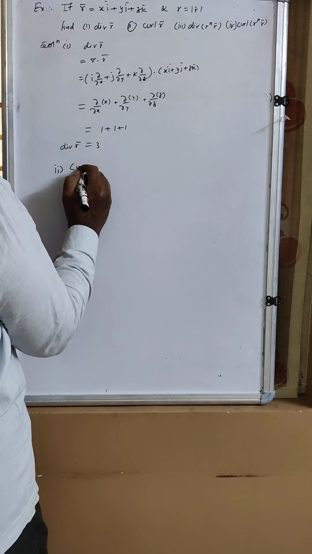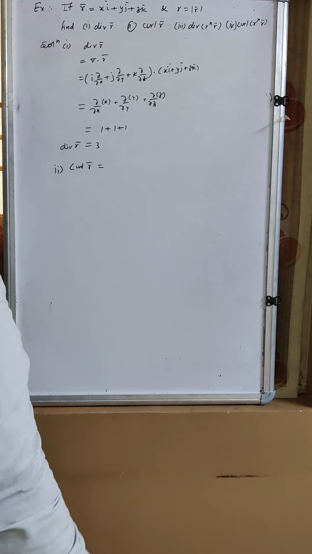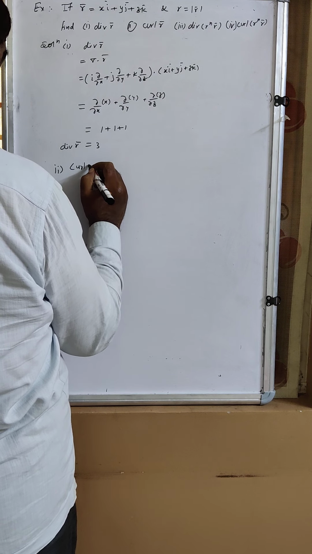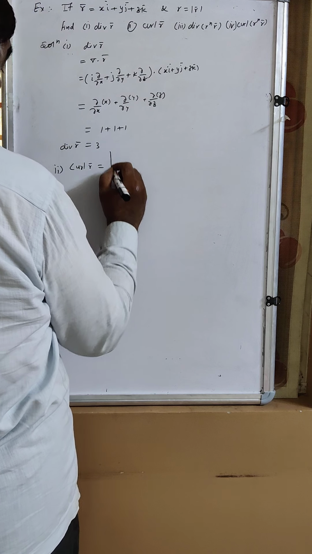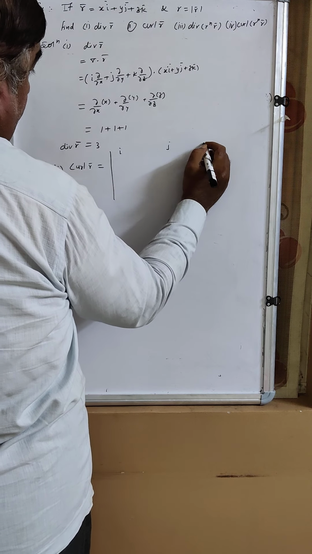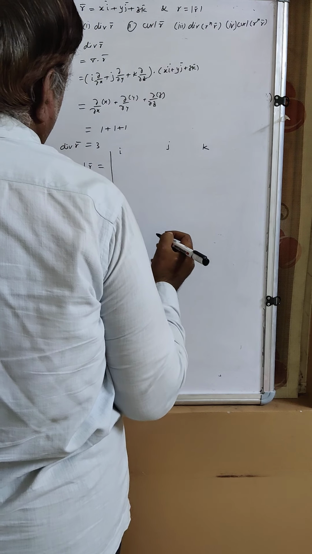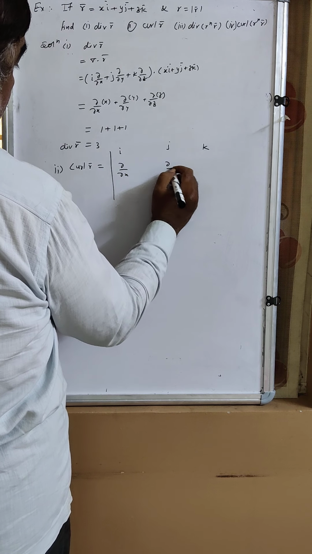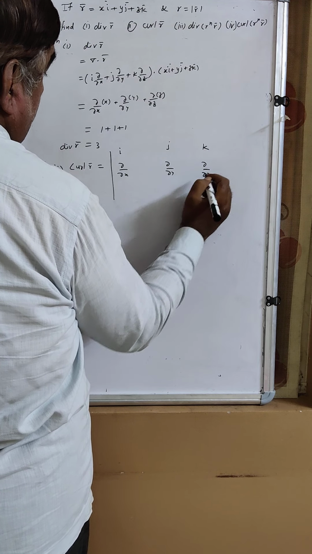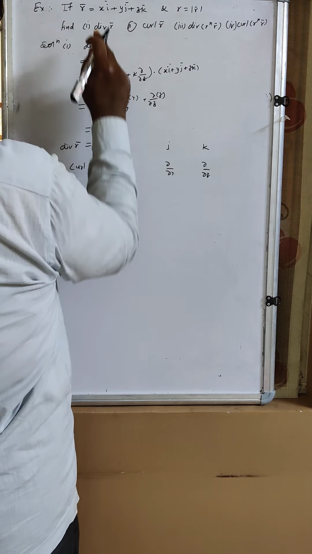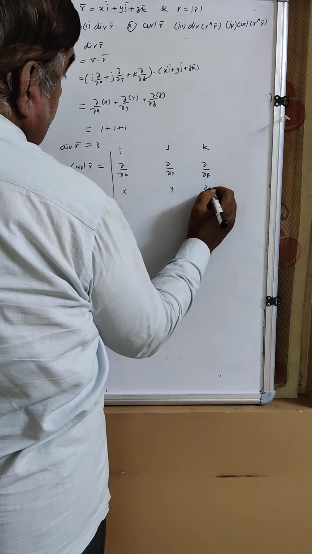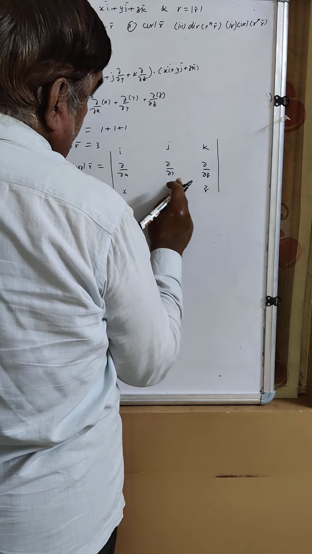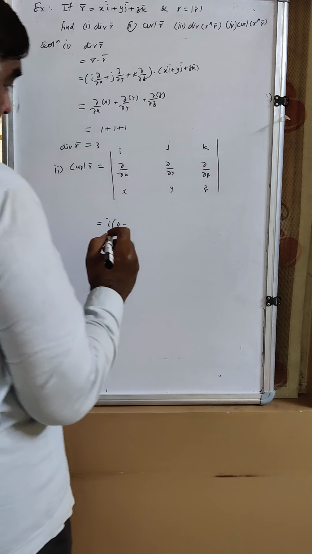Second, curl r vector is equal to the determinant i j k, del by del x, del by del y, del by del z, for r vector here, x, y, z, is equal to i times derivative of z with respect to y is 0 because z is constant with respect to y.